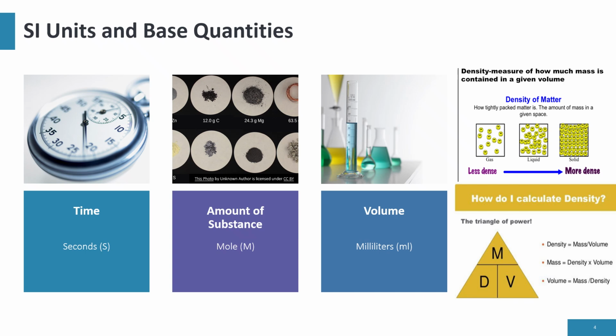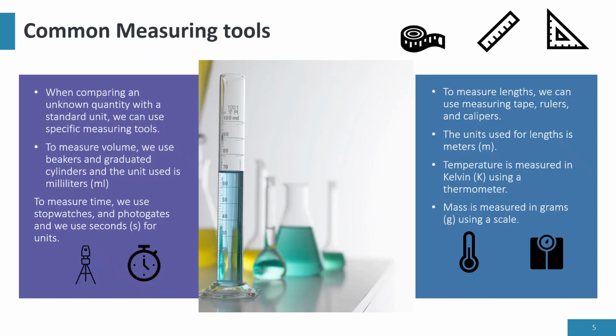Even though the marble looks smaller, when we measure the mass of either one of them, we're going to find a big difference because of the amount of matter inside each one of them. So to calculate the density of something, we have to be able to figure out the mass, and we have to be able to figure out the volume. We're going to go over that in a minute as well.